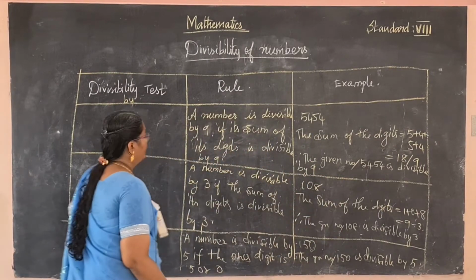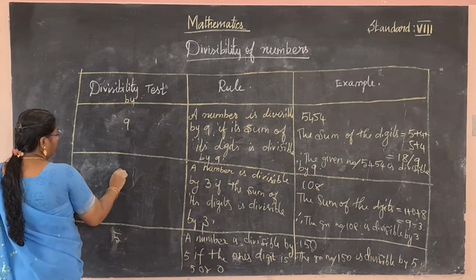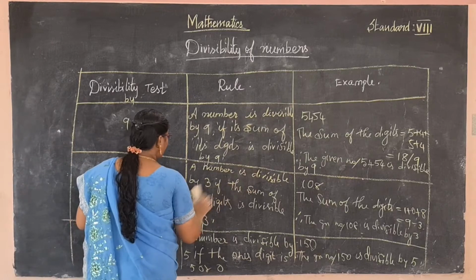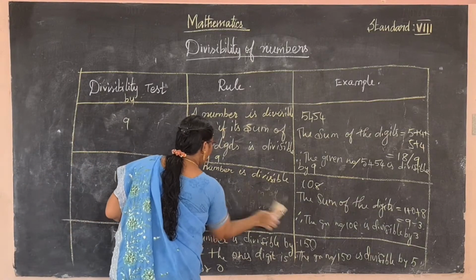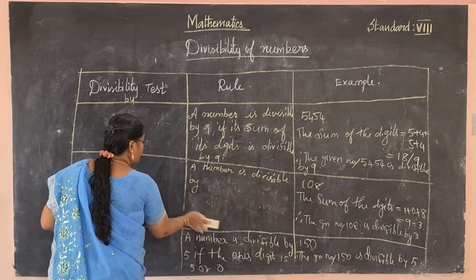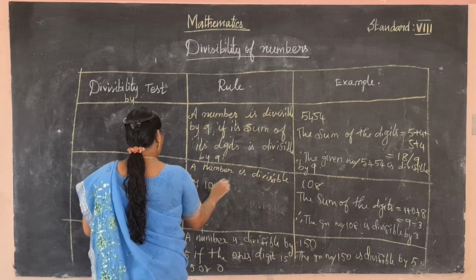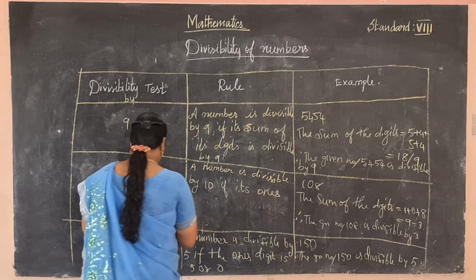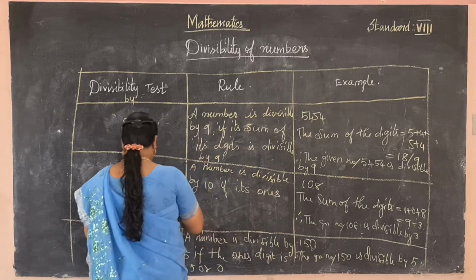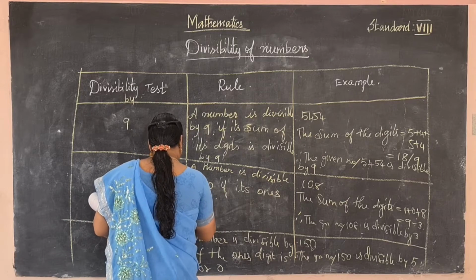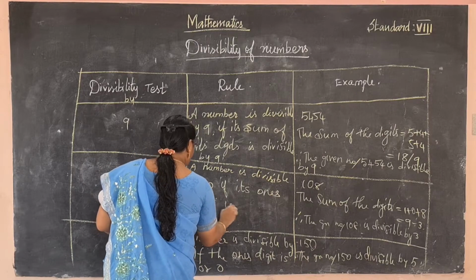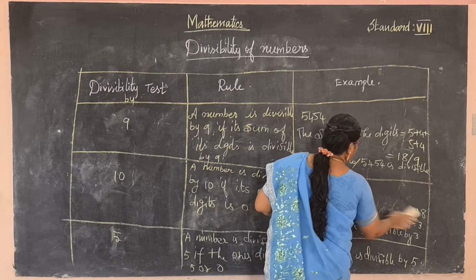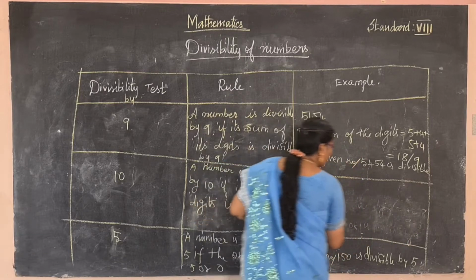And the last one, the divisibility test by 10. A number is divisible by 10 if its ones digit is 0. If the ones place is 0, then the given number is divisible by 10.